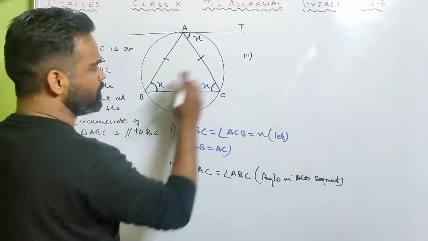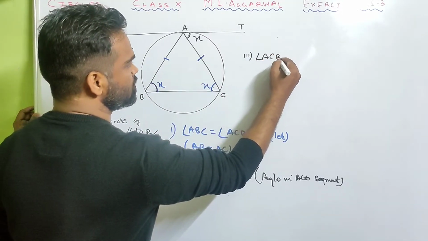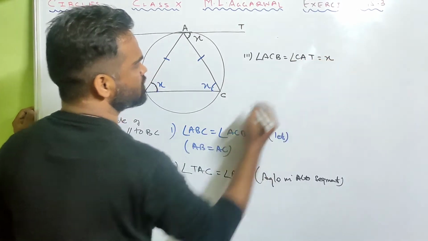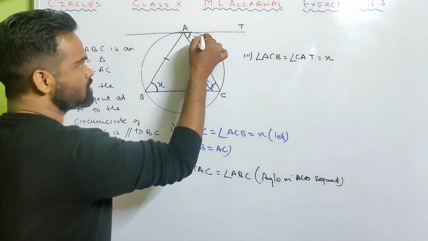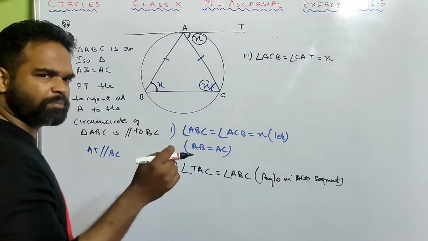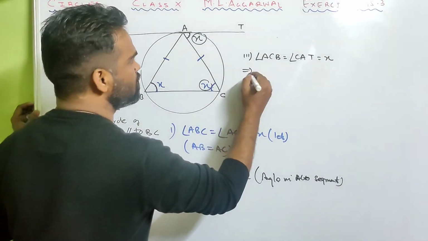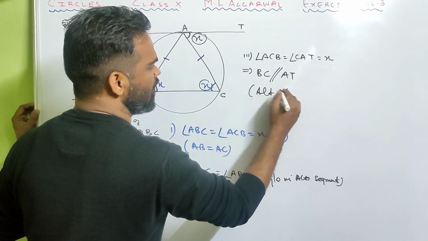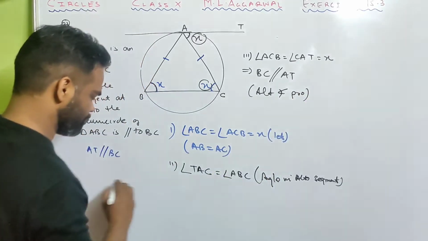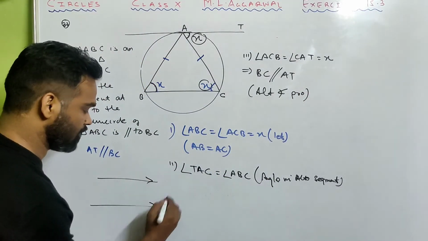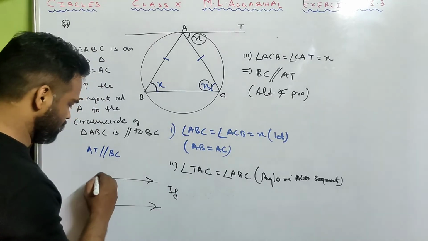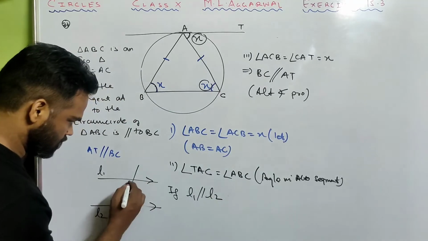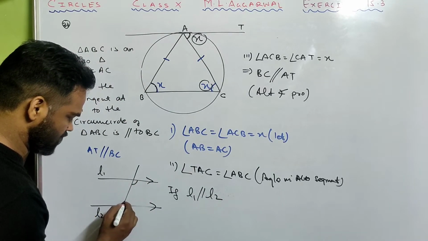Angle ACB is equal to angle CAT is equal to X. Yes or no? These two angles are equal. And when will this happen? This will happen only when BC is parallel to AT by alternate angle property. Try to understand. If L1 is parallel to L2, then this angle and this angle are equal.